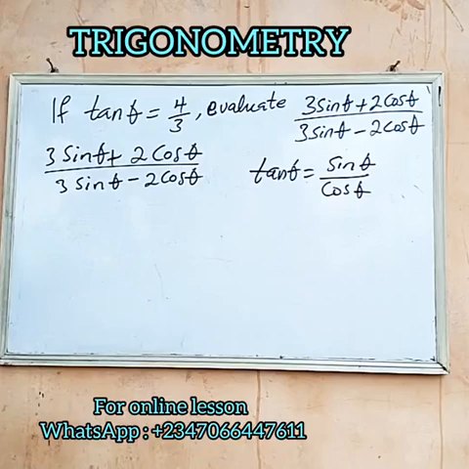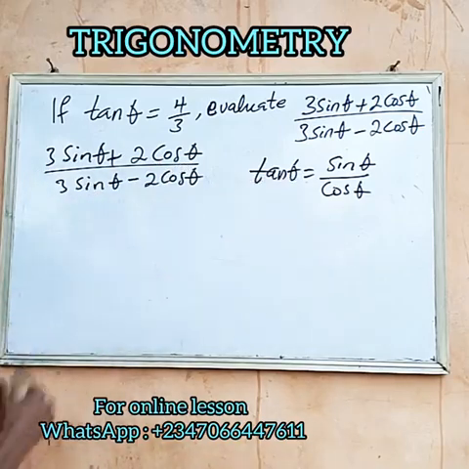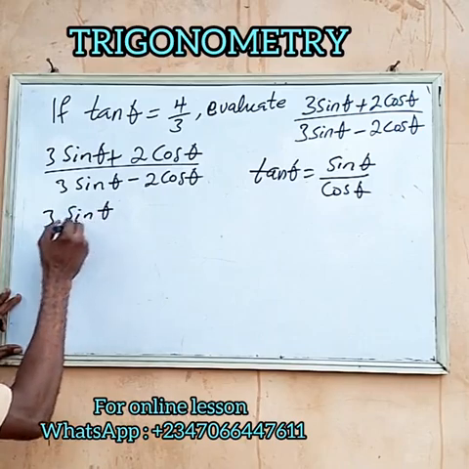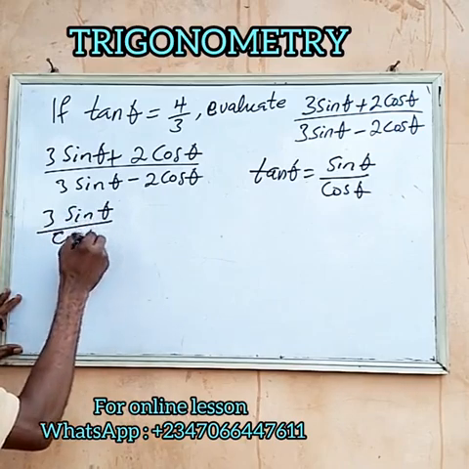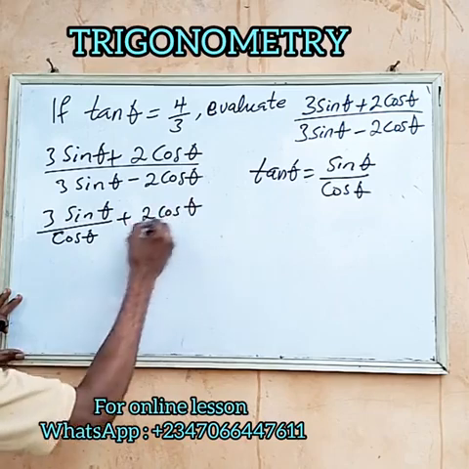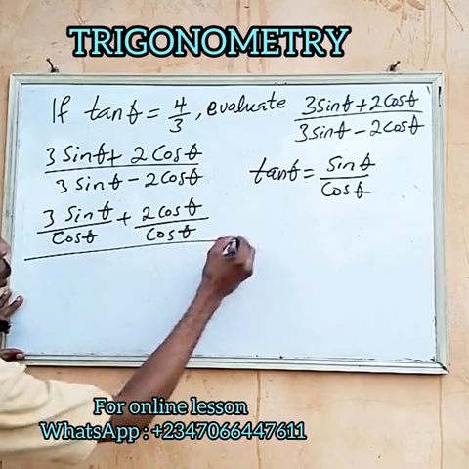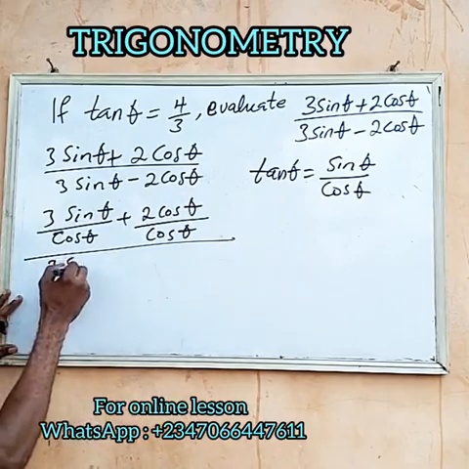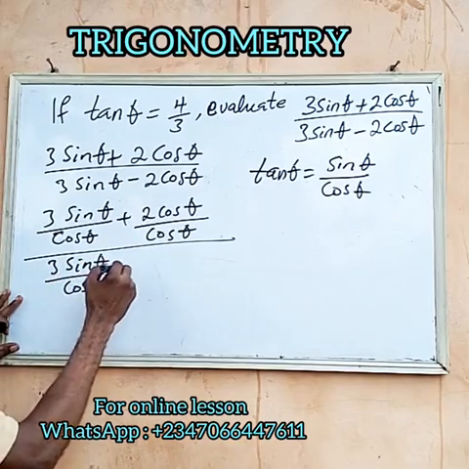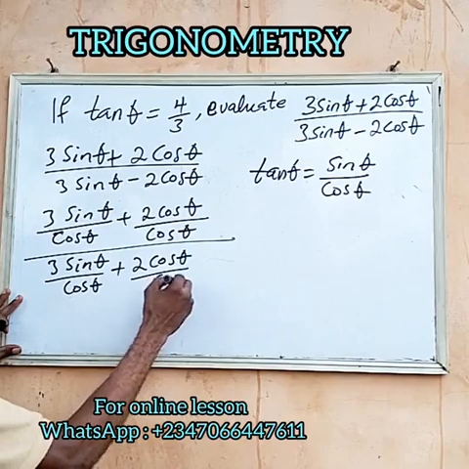Now we are going to divide the numerator and the denominator by cos theta. So that we have 3 sine theta all over cos theta, then plus 2 cos theta over cos theta. That is for the numerator. Now let's go also to the denominator. We also have 3 sine theta over cos theta, then minus 2 cos theta over cos theta.